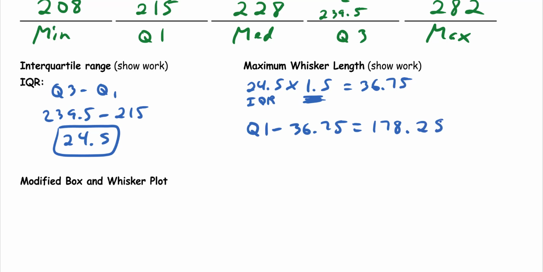That's as low as it'll go to the left. And then to the right is Q3 plus 36.75. And that's going to be 276.25. Okay? So that's the maximum to the right. Again, these are maximum whisker lengths. Maximum. Very, very important. Okay? All right, so let us draw our picture now.